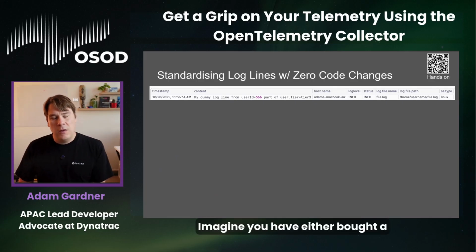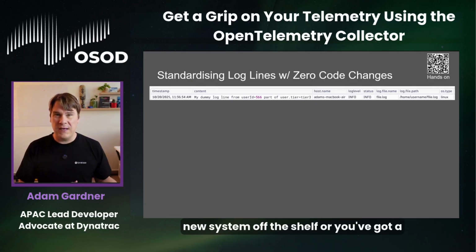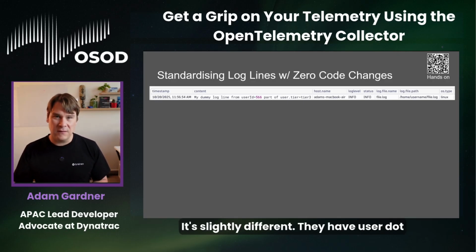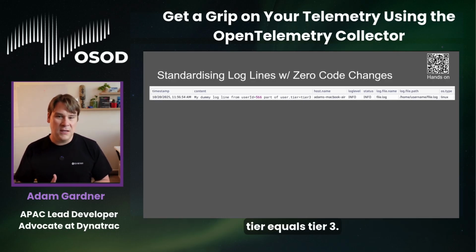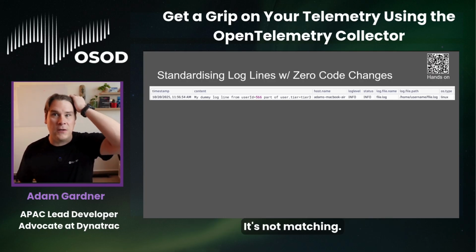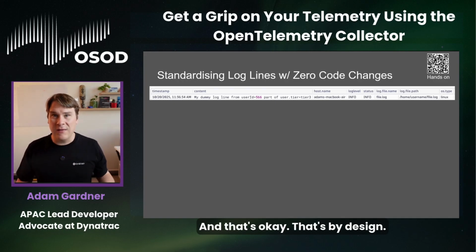Okay, imagine you have either bought a new system off the shelf or you've got a new developer or a new team, and for whatever reason, they have messed things up. It's slightly different. They have user.tier equals tier 3, and you'll notice the enrichment in the collector isn't working anymore. It's not matching. And that's okay, that's by design.